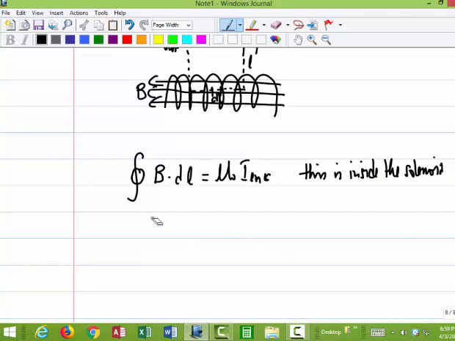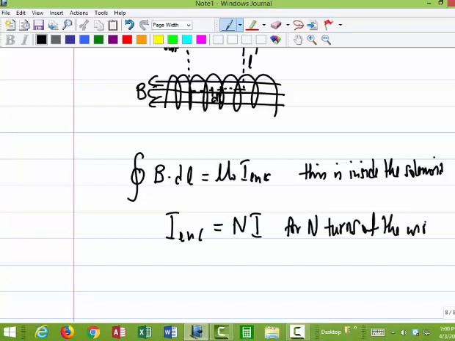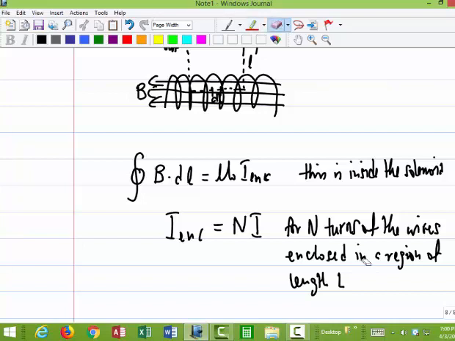So we can say that I enclosed is equal to N i for n turns of the wires enclosed in a region of length l. Sorry, lowercase l, not uppercase.